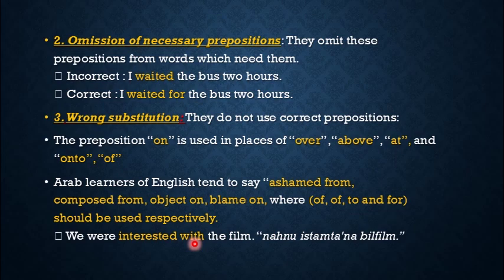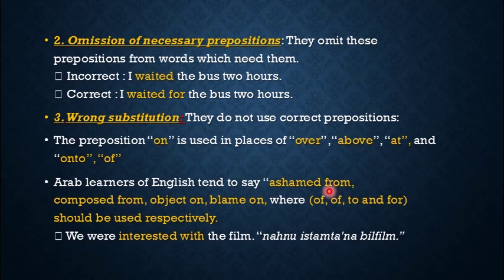Other examples are "ashamed from", which is equivalent to أنا خجول من, or مكسوف من, even in colloquial Arabic. So من is literally translated to "from", which is again incorrect, because in English we say "ashamed of", not "from". "Composed from", يتكون من, is also a literal translation, which is again incorrect. We say "composed of". So "composed of" and "ashamed of", not "from".